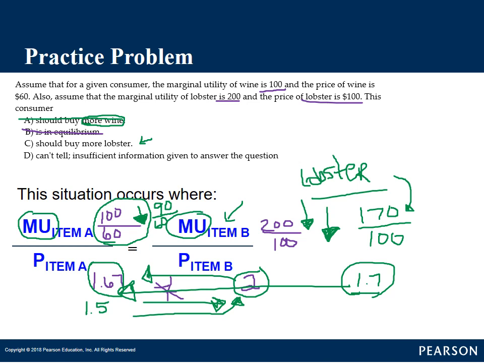Yes, it absolutely did. So the answer to this is that we should buy more lobster.